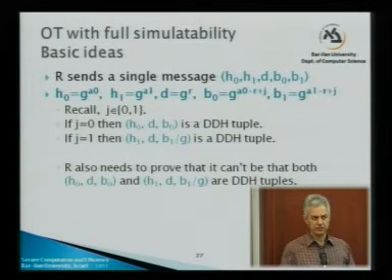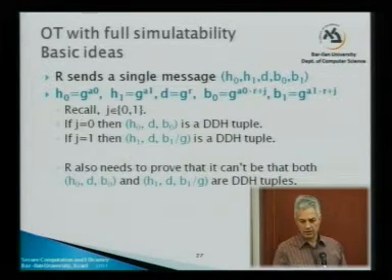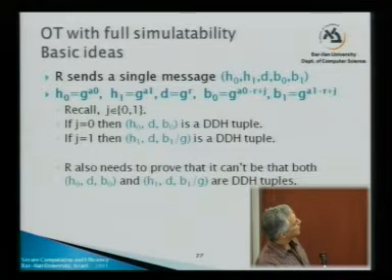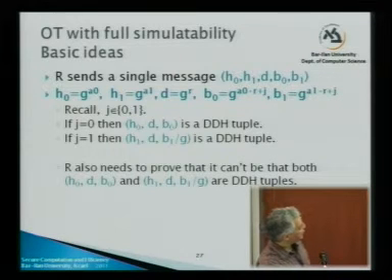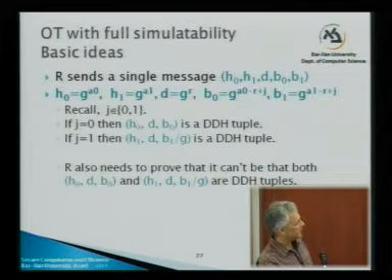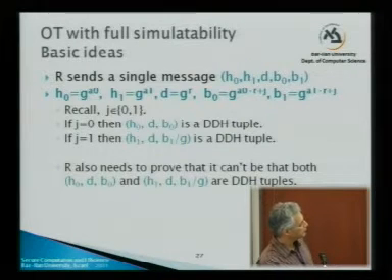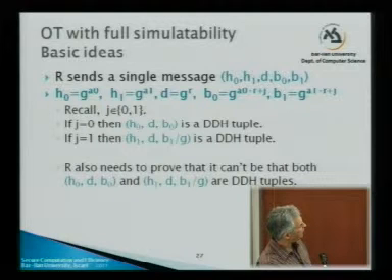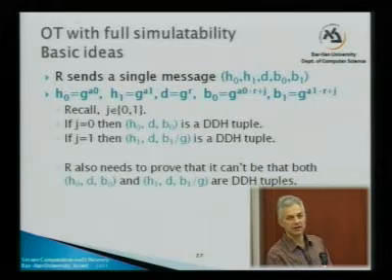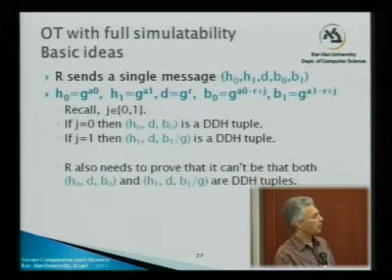Now, if j is 0, then the triplet H0, D, and B0 is a DDH tuple together with g. If j is 1, then the triplet H1, D, and B1 over g is a DDH tuple. Why is that?